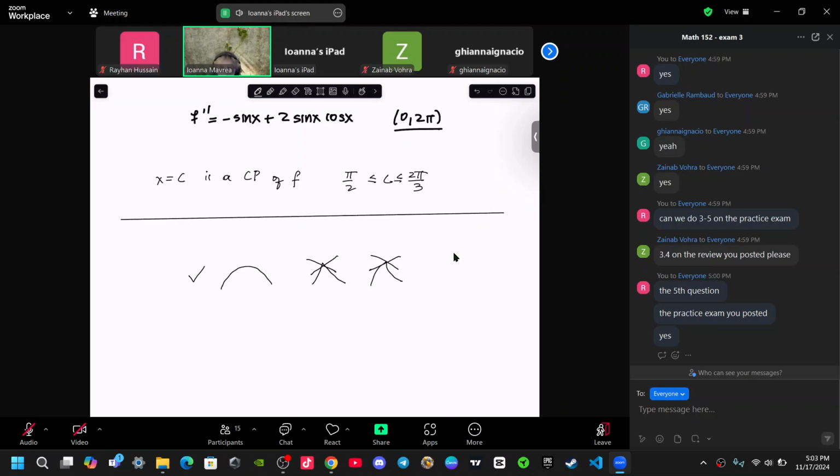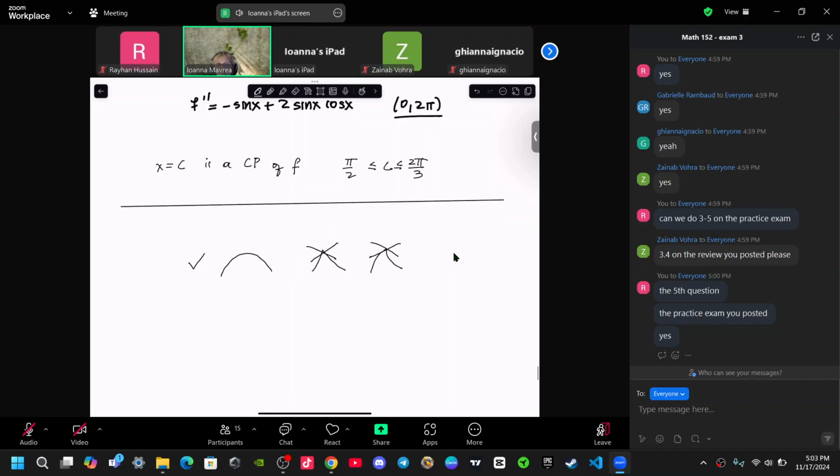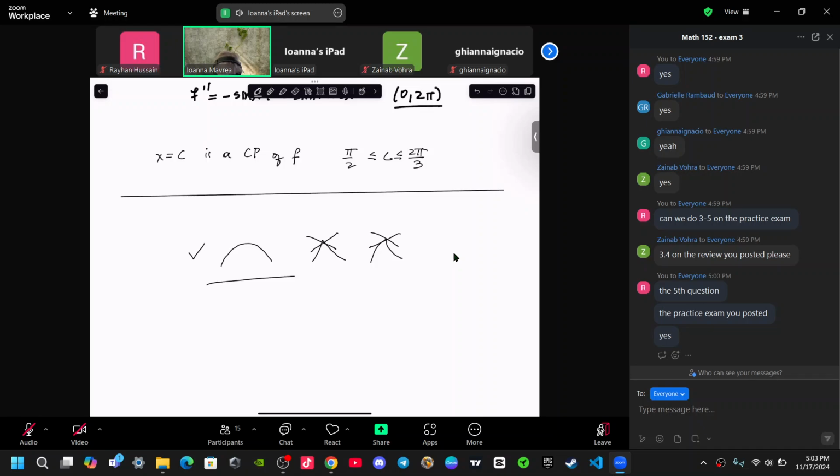So you must have this case if this is a local maximum, right? What must happen with the second derivative at this point c? Well, the second derivative talks about concavity.